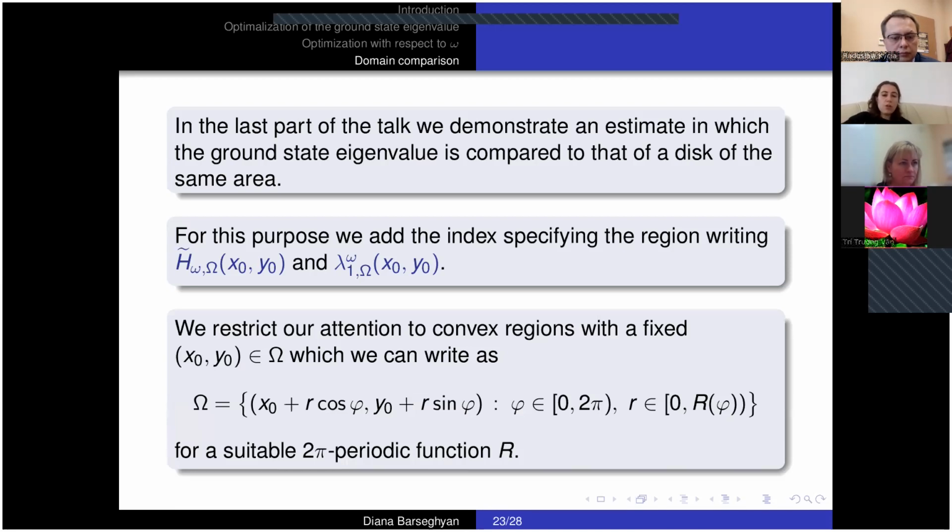So for any convex region and any fixed x0, y0 belonging to this region, we will use this parametrization: x0 plus r cosine phi and y0 plus r sine phi in polar coordinates, where phi belongs to 0 to 2 pi and r belongs to 0 to r of phi, where r of phi is the domain parametrization and is a 2 pi periodic function. So we will use this representation of the domain.